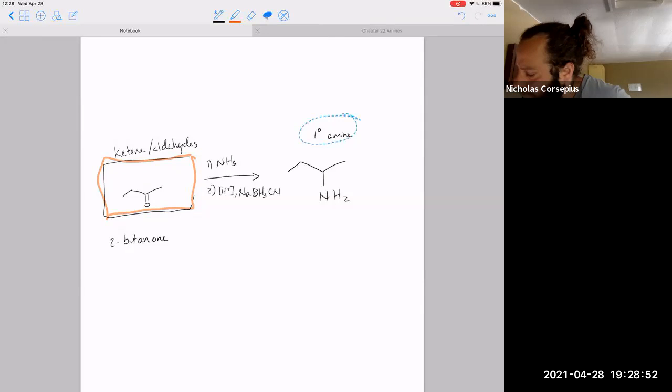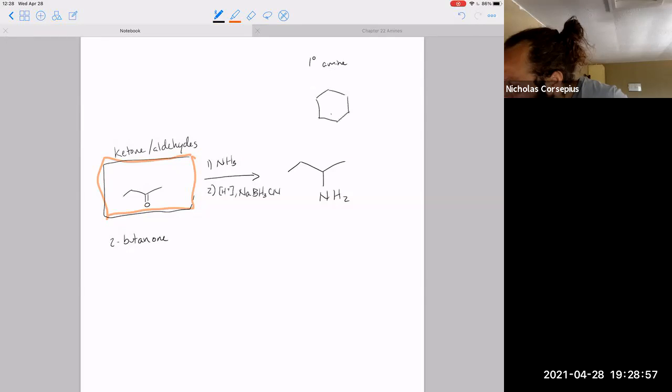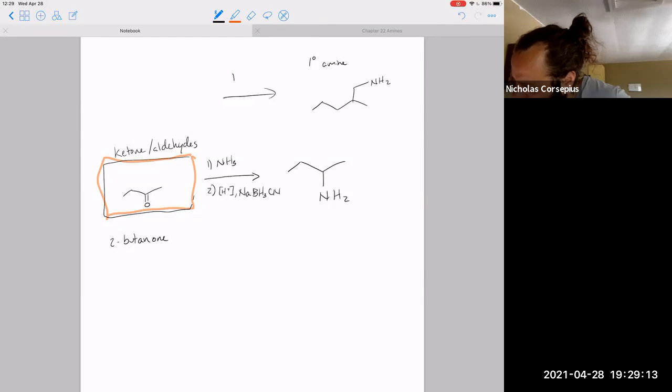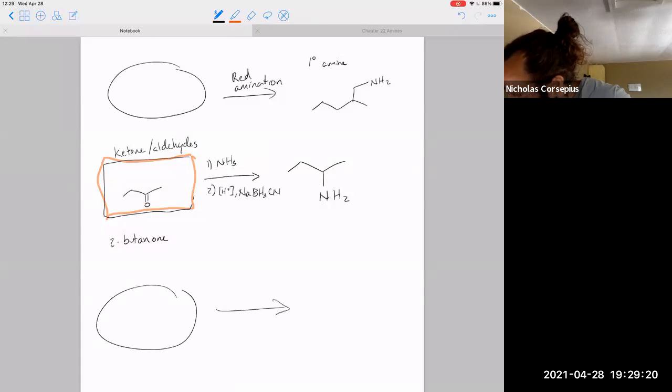So actually, real quick before we go on, just get in the habit of being able to determine which ketone. Oh, damn. Well, that gave that one away. Do a few more. These are all going to be the reductive amination. The reagents are going to be the same for all of these. What I really want is for you guys to take a minute and tell me what ketones we're going to need in order to produce these products. Let's do that one.